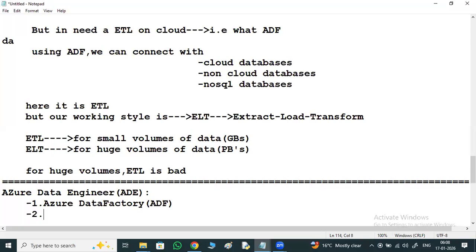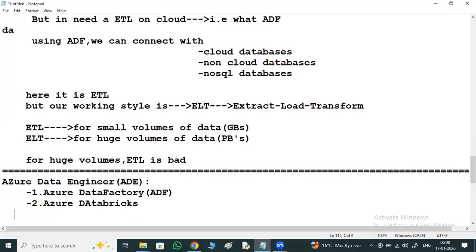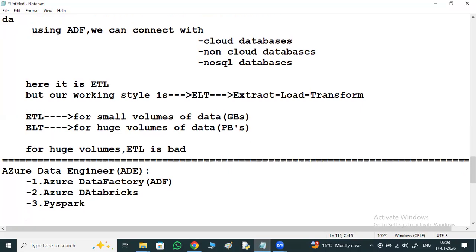Secondly, we'll be discussing Azure Databricks and PySpark. As compared with other trainings, here we'll discuss PySpark in brief. PySpark is the main execution engine. And in brief, we'll discuss Azure Synapse Analytics.